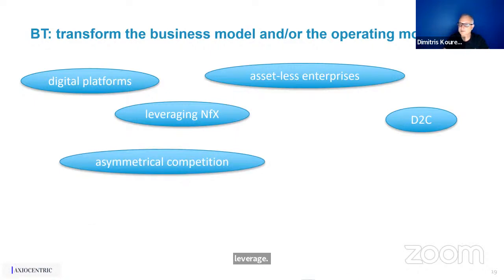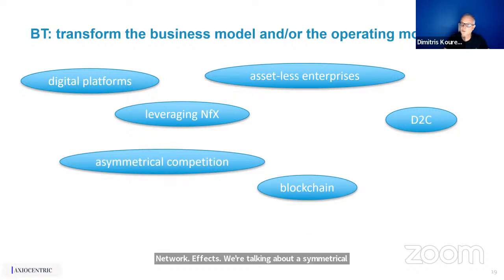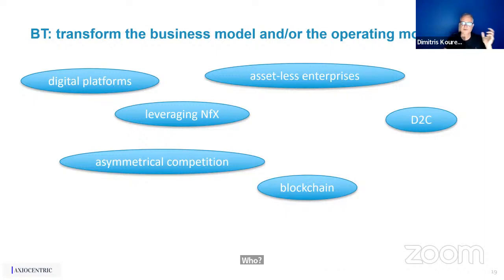setting up a marketplace, how you create and you leverage network effects. We're talking about asymmetrical competition, as we said earlier on. Blockchain is so important to automate transactions and interactions among many different parties. So many companies use it to order, to invoice, or to manage the invoices, to pay suppliers or customers.